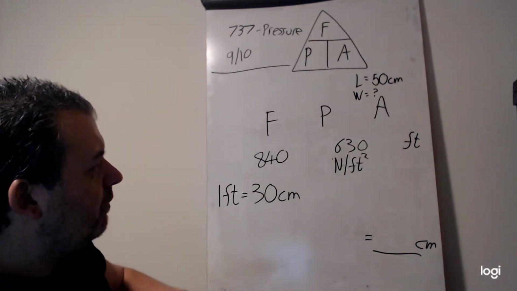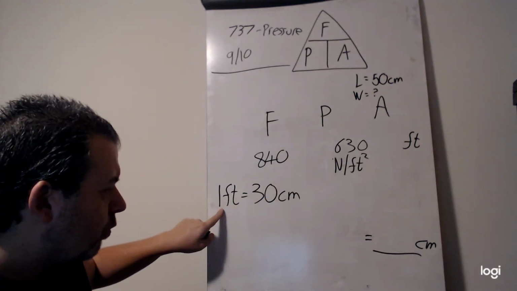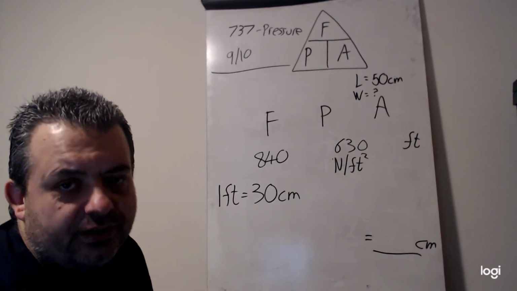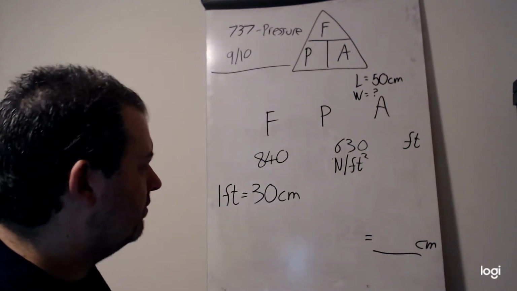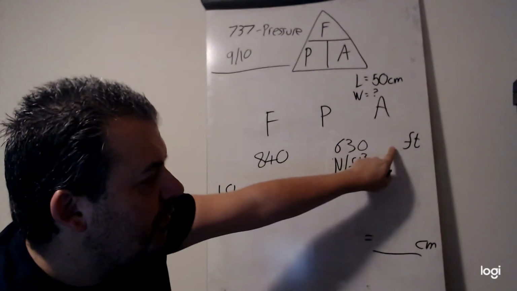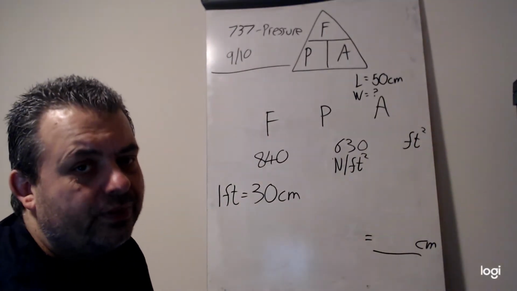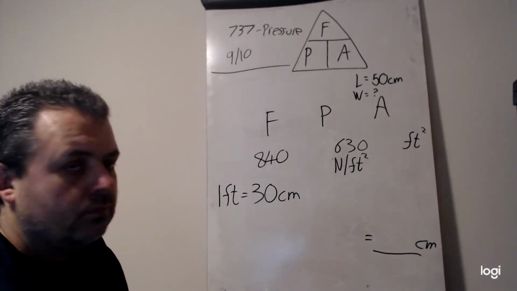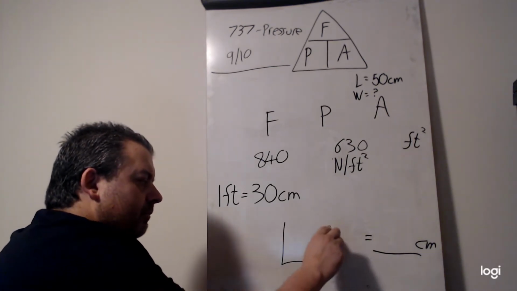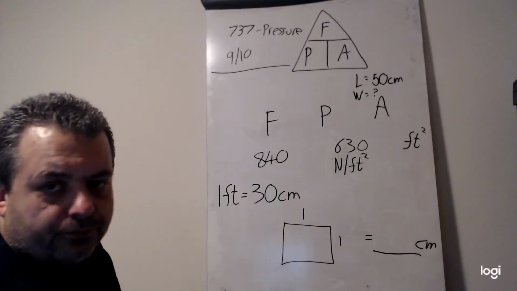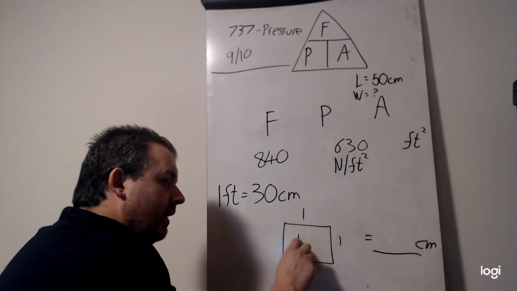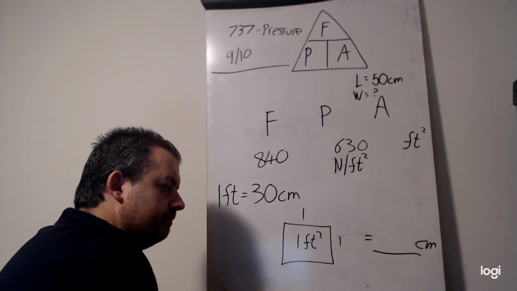Now let's tackle this problem. You're told that 1 foot is 30 centimetres. About right. But that's area. That's feet squared. That's what we need, feet squared. Picture a square, 1 foot by 1 foot. Its area is 1 foot squared.